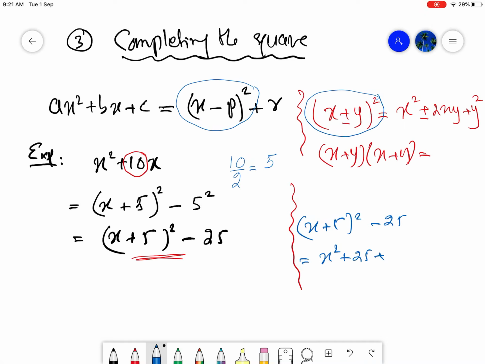So 2 times 5 is 10, 10 times x is 10x, minus 25. Clearly, these two cancel each other, and you'll get x square plus 10x, which is the same as it here. Okay, I hope this will help.